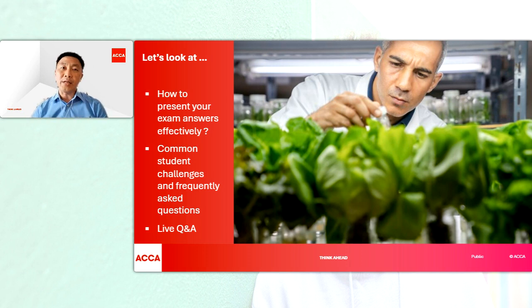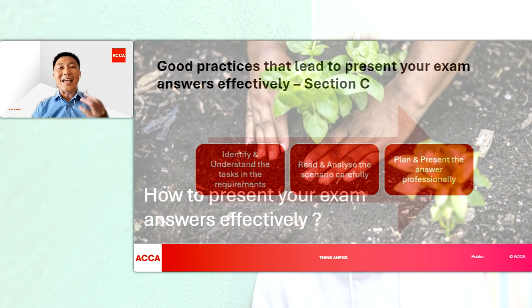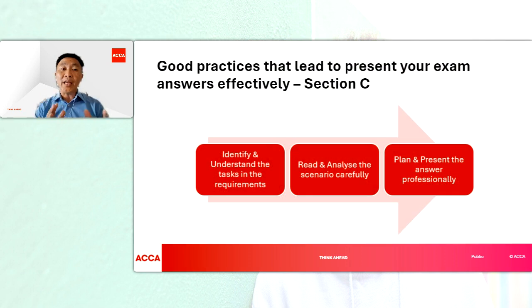Now, first and foremost, as mentioned, let's take through some of the key advice about the way that we can ensure our answers are presented effectively to impress the marking team, particularly on Section C. Knowing that there are two 20-mark questions in Section C in every exam sitting, every single one of these questions comprises approximately half the marks on tasks of a narrative nature.